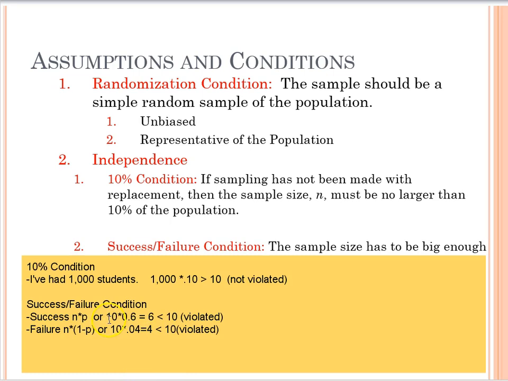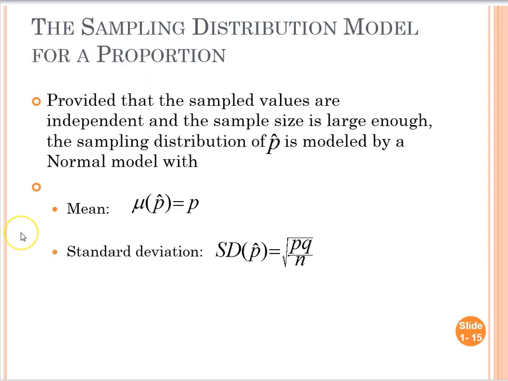So the expected number of successes is 6. I've sampled 10, 60% is my chance of finding someone who does believe in ghosts, and so I would expect 6 people who believe in ghosts. For failures, I would expect 4 people who do not believe in ghosts. And so both of these are violated because they're both less than 10.